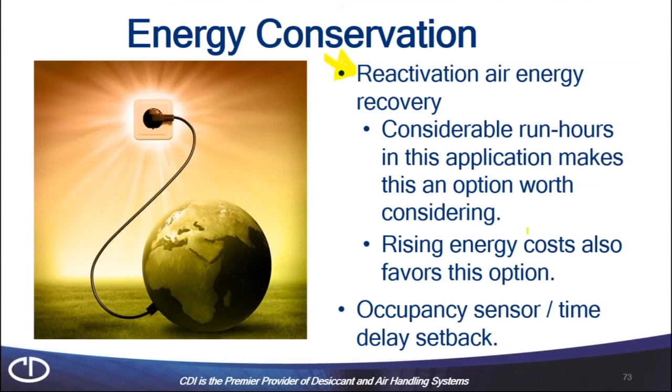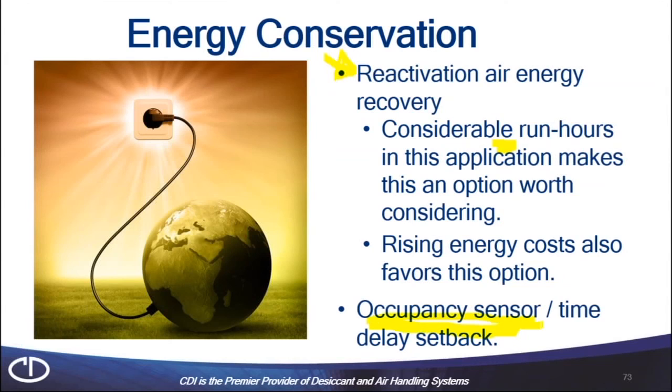You're looking at something that's running 365 days a year, 24 hours a day, if you will. That makes a much quicker payback in elapsed days for some sort of heat recovery. So that should be considered. And we talked a little bit about this, but some sort of an occupancy sensor. Is there something that we can do to think about some sort of setbacks, if you will?